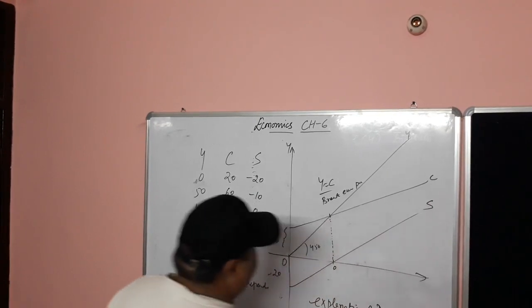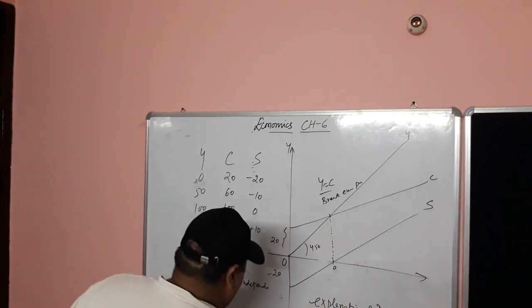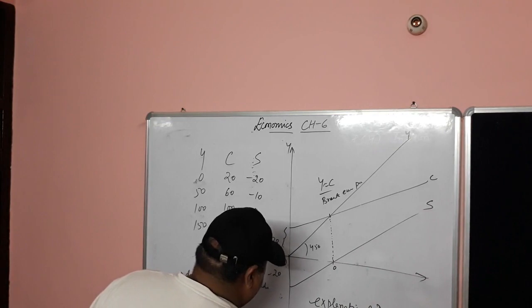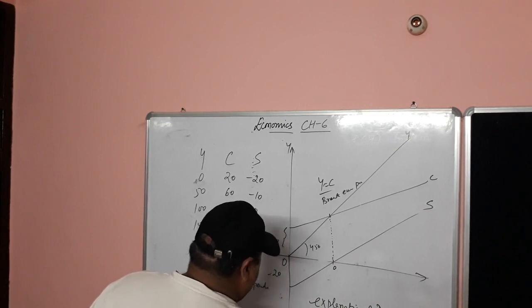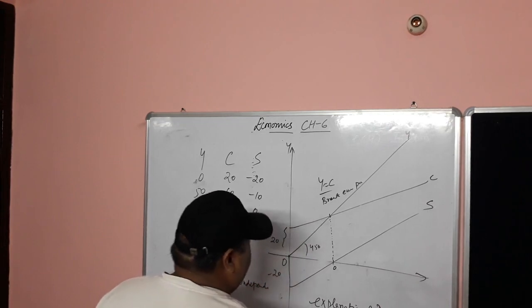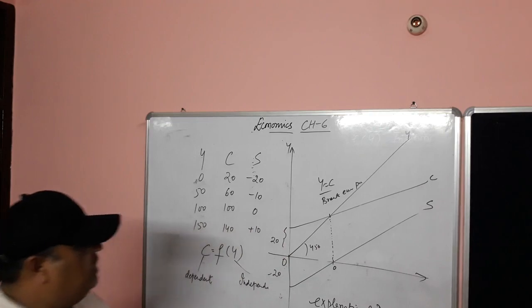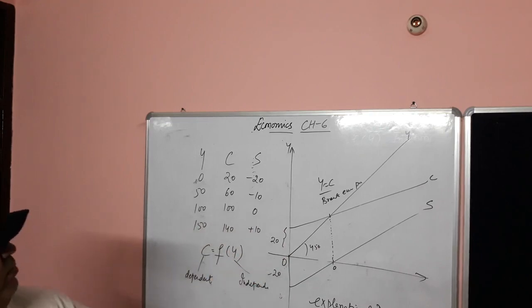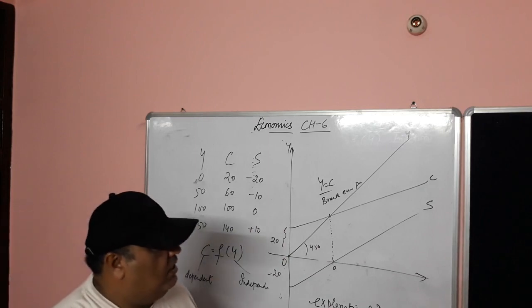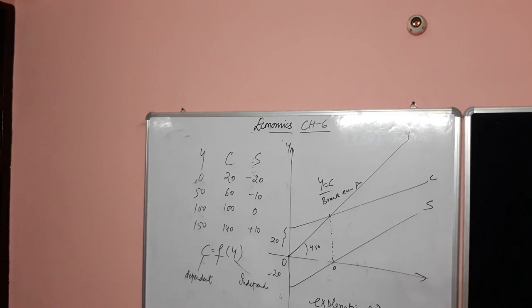In the explanation, we define which value we take on the OX axis and OY axis, what the AD curve is, what the income curve is, and what the saving and consumption curves are. We elaborate each and every thing, show the relation between income, consumption and saving, and find out the result.